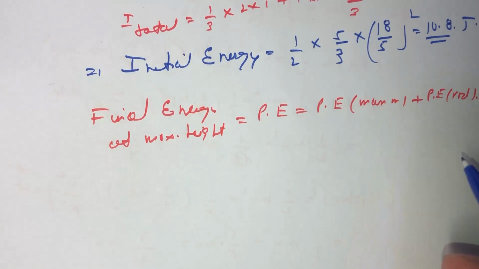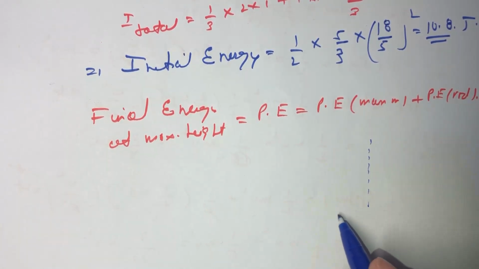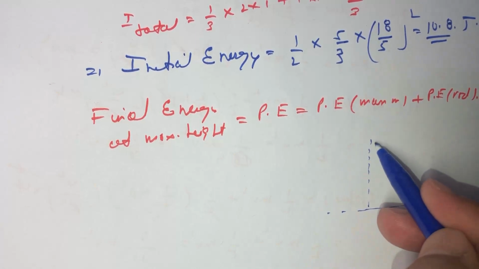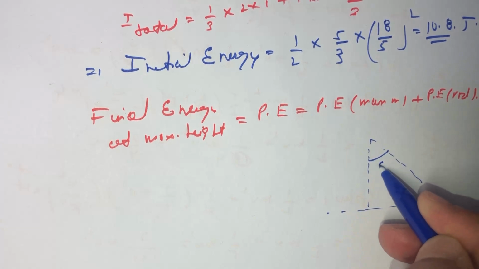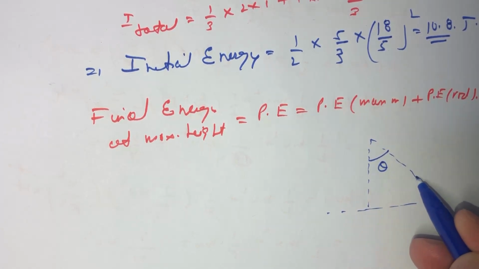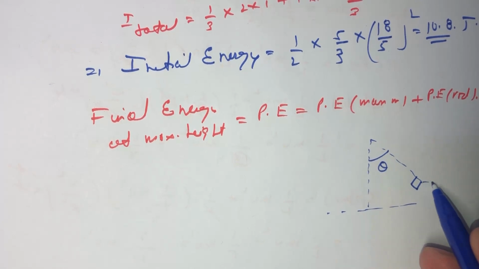So let me draw the figure. Initially the rod was in the vertical position, and this is the final position of the rod, at angle theta, and we have a block here. The block, let us suppose, is at a height of h.